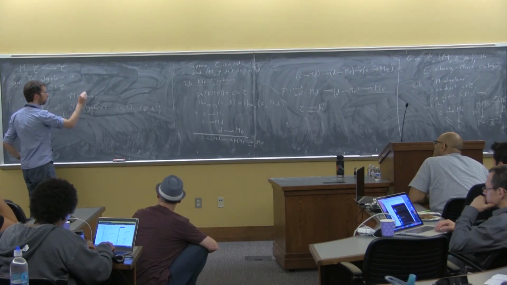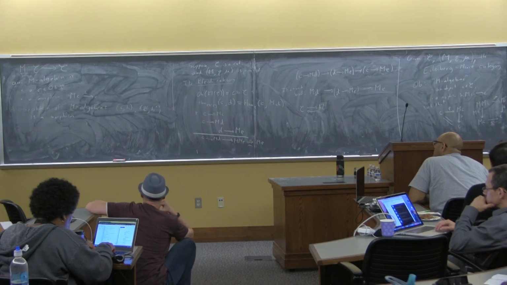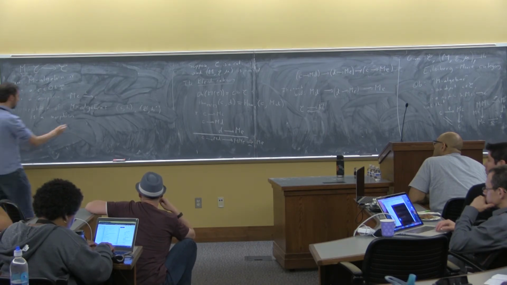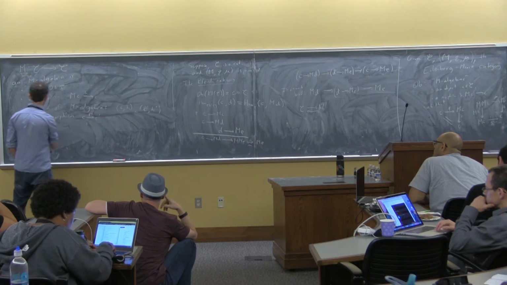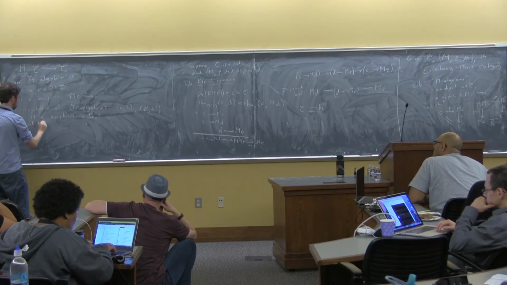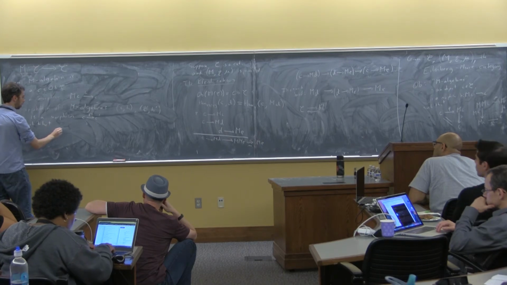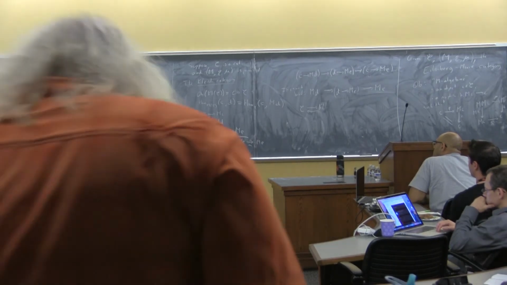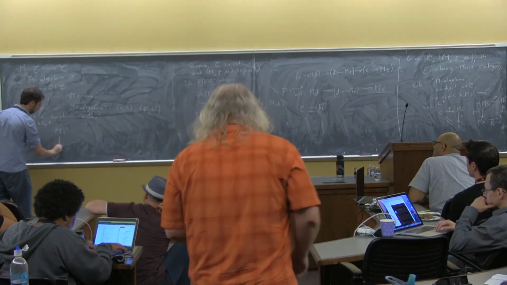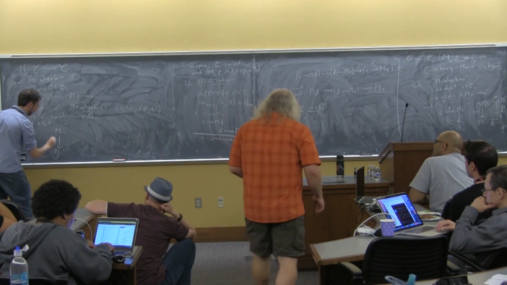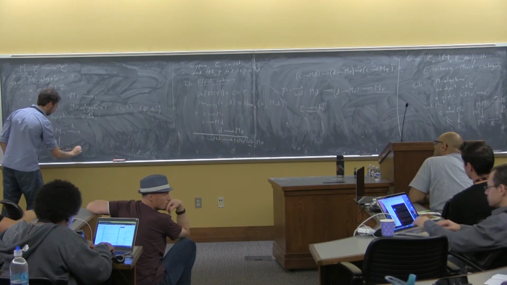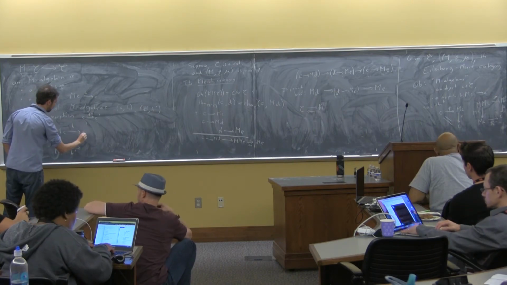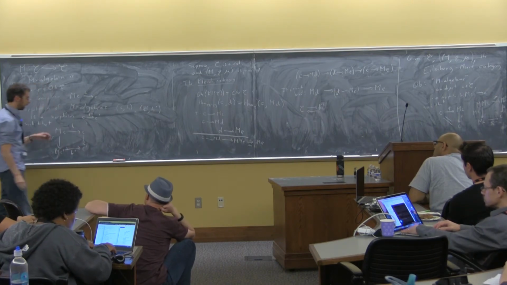Then a morphism is a map C to C prime such that I have MC, I have MC prime, that's M of F, I have H, I have H prime, I have C and C prime, and this should commute.